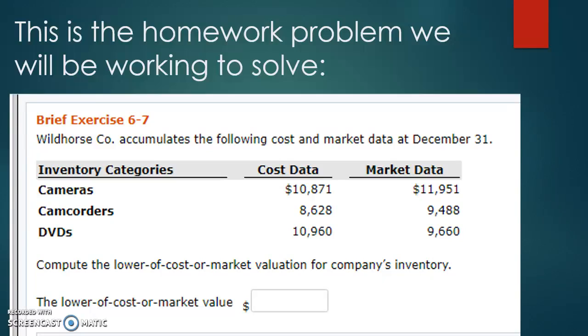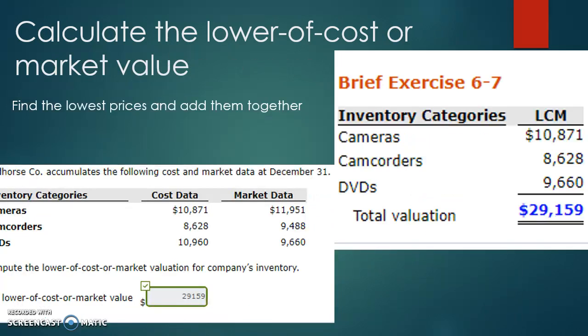So 10,000 is lower than 11,000, so we're going to take the lower one, which is 10,000. For the camcorders, 8,000 is the lower one, so we take that, and for the DVD, 9,000 is the lower one. The answer to this question is the summation of these lower values. Okay, this is where I captured them.